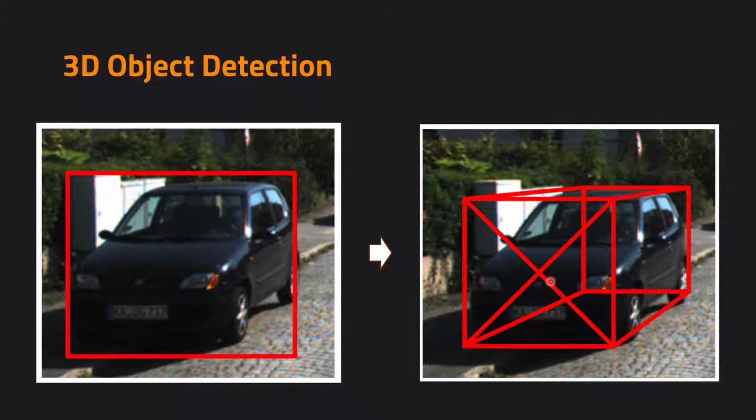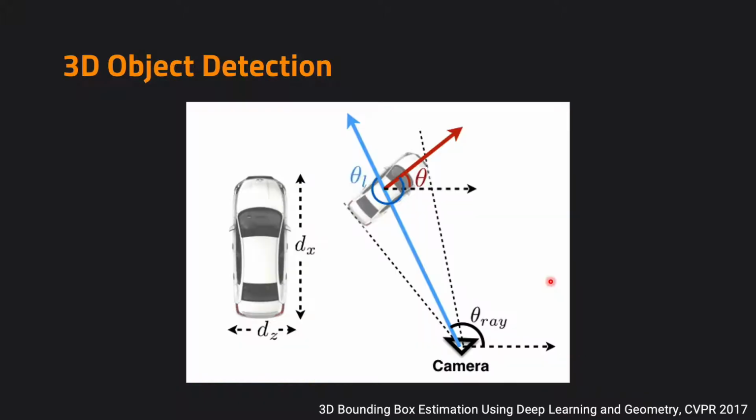So here, let's consider 3D object detection, which means that we not only want to find the object location, but also estimate their 3D locations. And again, we can parameterize the 3D location of the objects by its dimension and the view angle, and also depth.